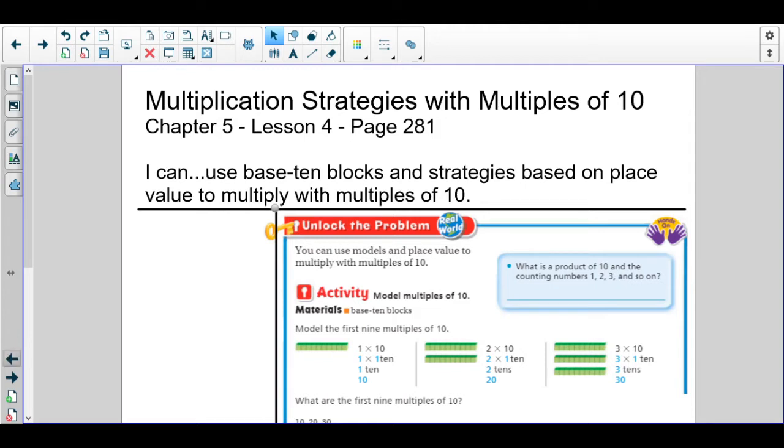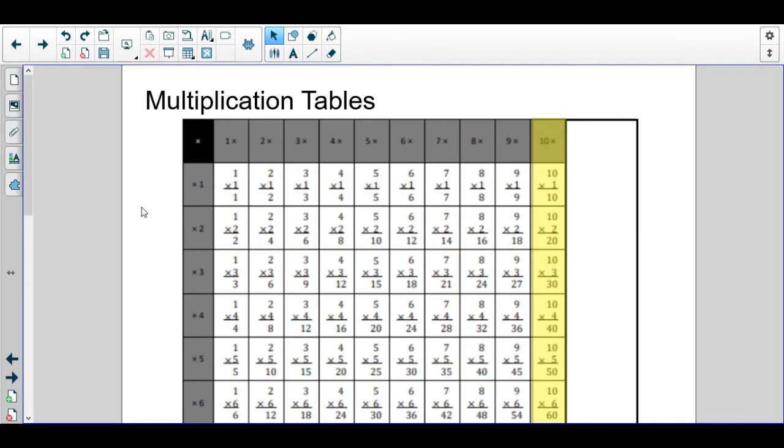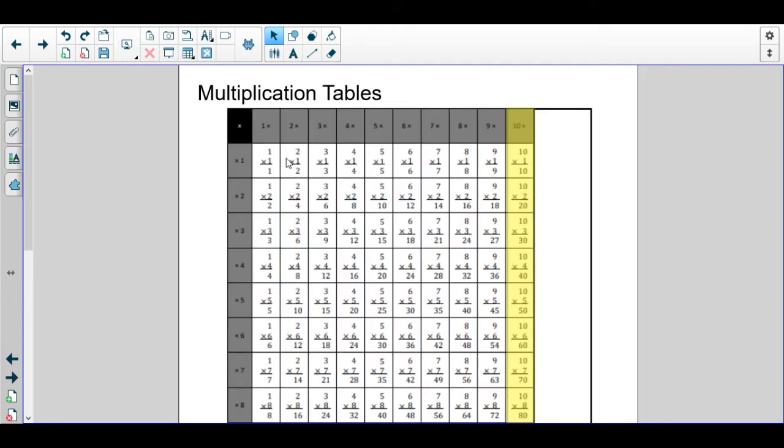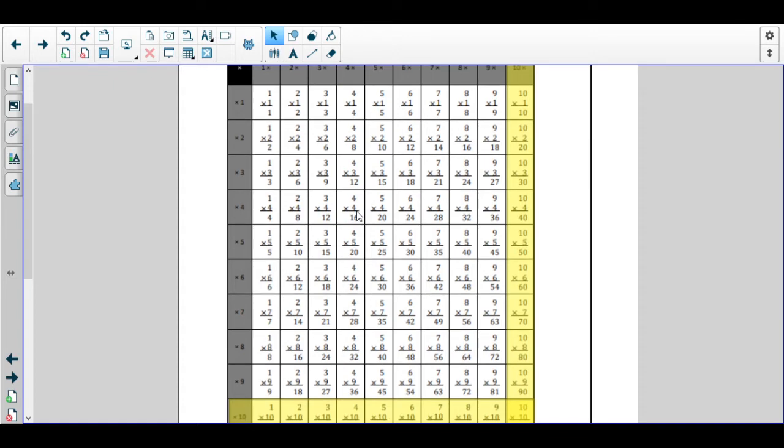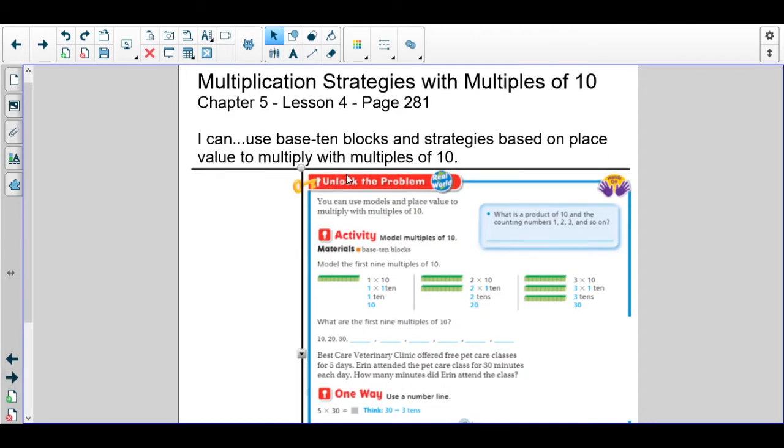All right, so we're going to take a look back here at our multiplication table that we've been working on. And we have these multiples of 10 right here. Okay, 10 times 1, 10 times 2, 10 times 3. And remember, all that we're doing in a situation like this, and we can look over here.